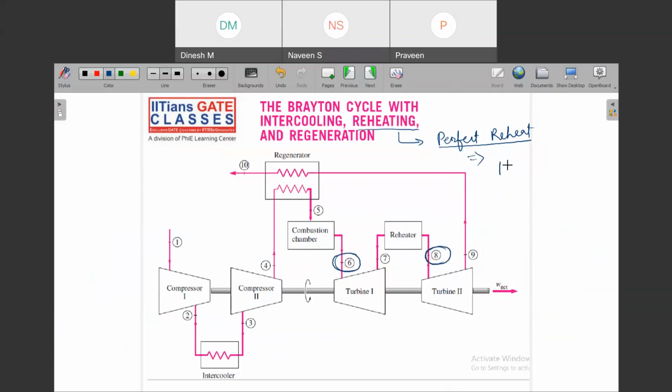So for perfect reheat, the T6 value is equal to T8, and the work done in turbine 1 is equal to the work done in turbine 2. Okay. You should mind these words. I'm helping you to know only those things which you should know. Okay.